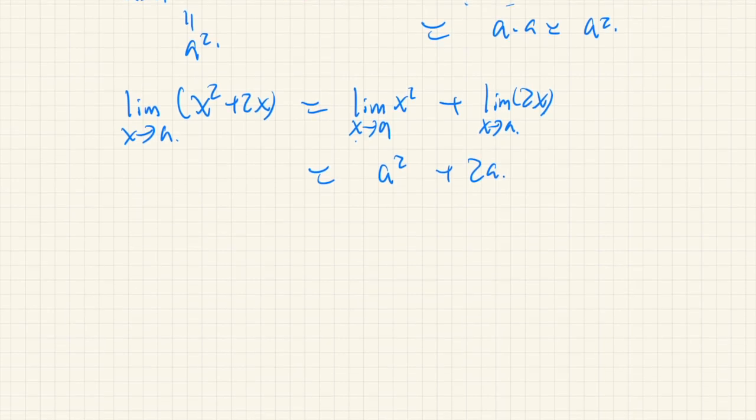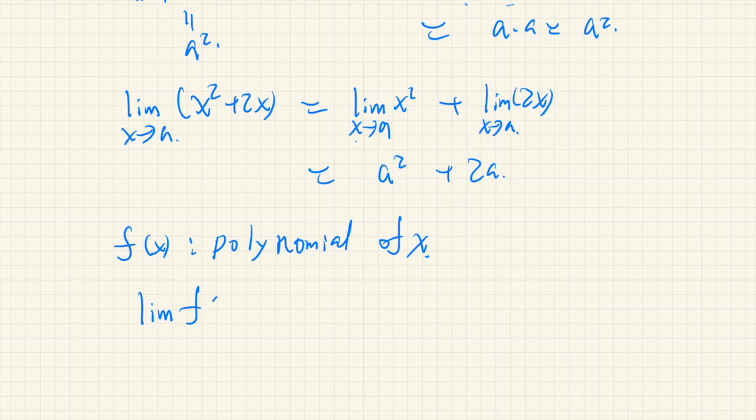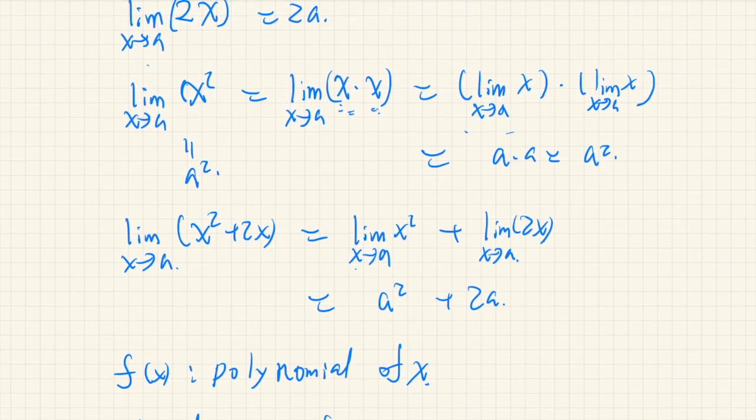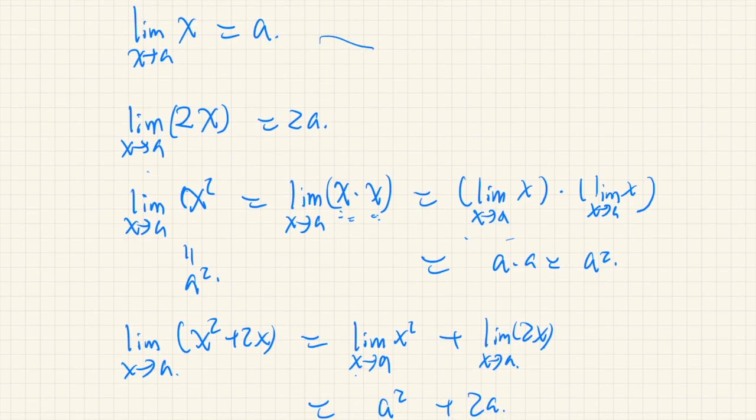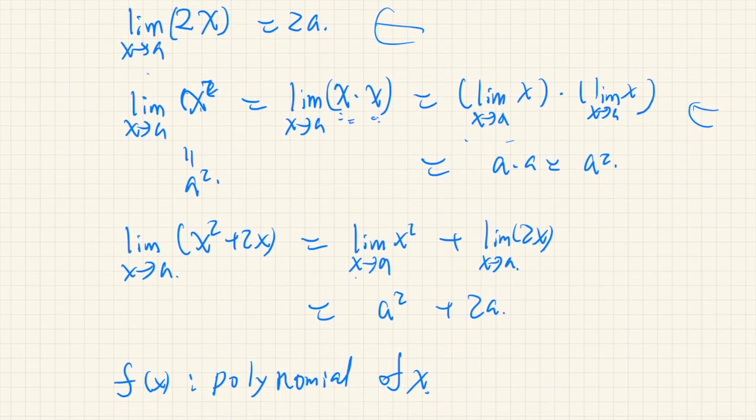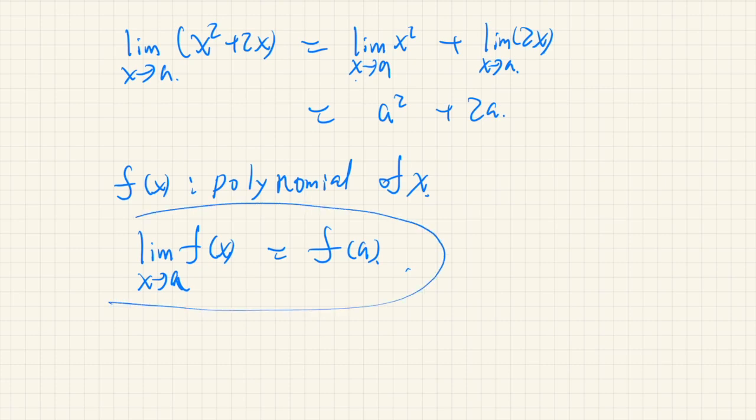And in general, if f of x is a polynomial of x, then the limit of f of x as x goes to a is just f of a. We can prove this in a similar manner as we have done here: first this, then this, and this for any polynomial. So x to the power of 2 and x to the power of 3, for any natural numbers, we have similar results. Therefore, we have this result for any polynomial of x.